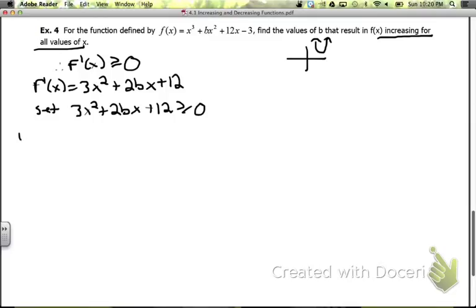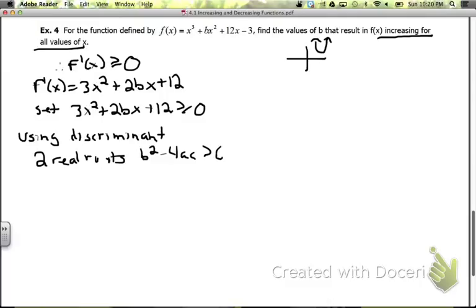So using our discriminant, something you haven't used in a little while: if we had 2 real roots, our b squared minus 4ac would be greater than 0.